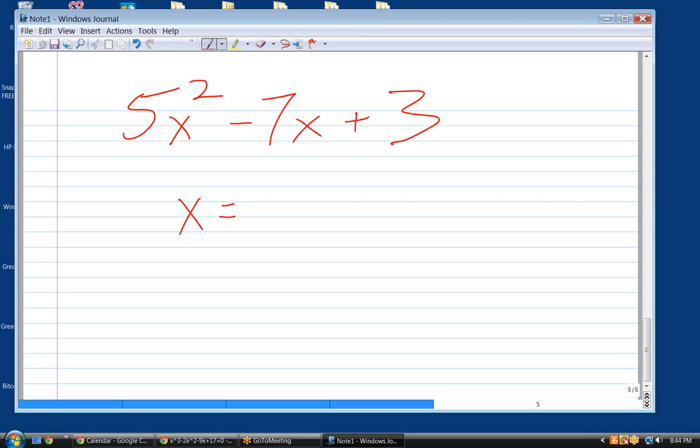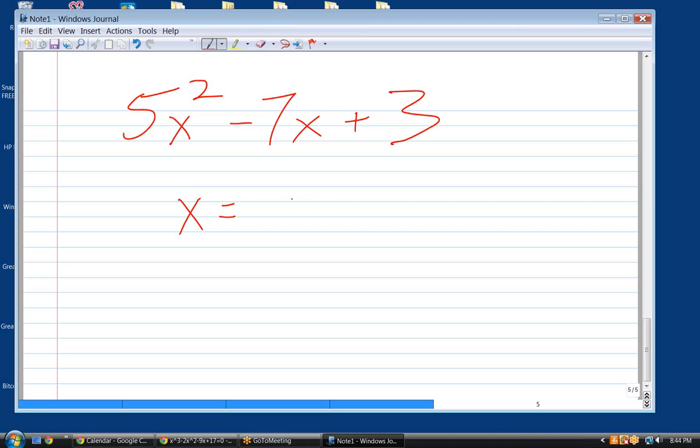Probably behooves you to write out the general formula first and then to substitute, rather than trying to do it unless you're really familiar with it. I mean, once you get used to doing quadratics, you don't need to do that. But it sounds like you're not that familiar with it.